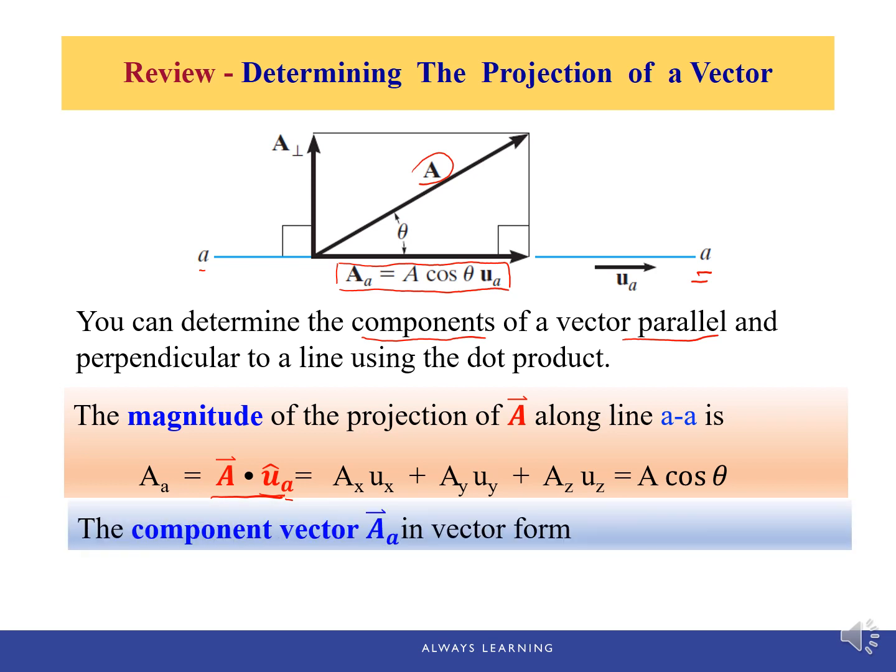And sometimes if you need to find the component vector A sub a, we need to attach the direction. Using the dot product, we only have the magnitude of this projection, and the direction of the projection is the same as this line. So magnitude times unit vector gives us the component vector in vector form.